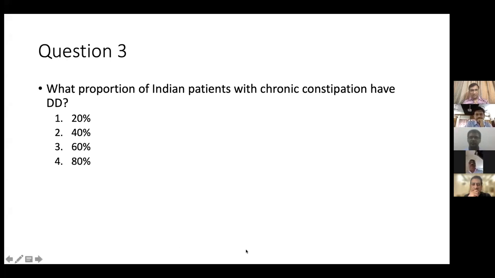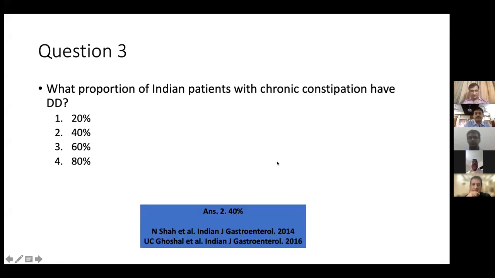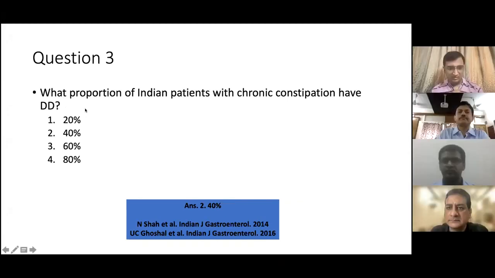Okay, so 159 people have answered, and the majority, 53%, feel it is 20%, 37% feel it is 40%, 9% feel it's 60%. The answer is 40%. There were two studies, both of which showed a figure roughly close to 40%. One from Mumbai, which showed exactly 40%, and one from SGPGI, which showed 36%.